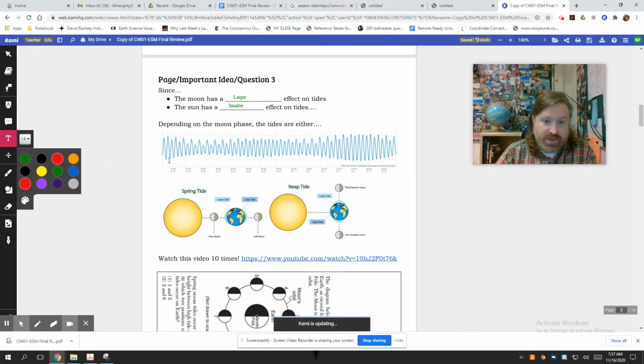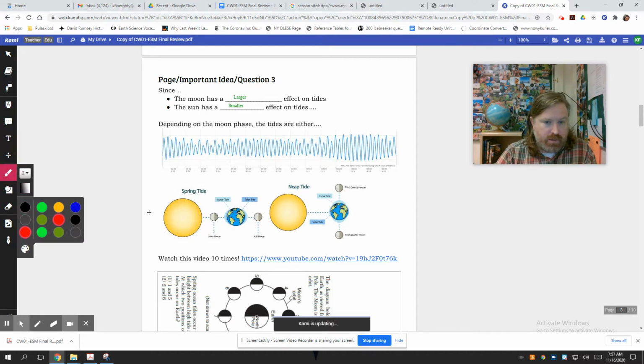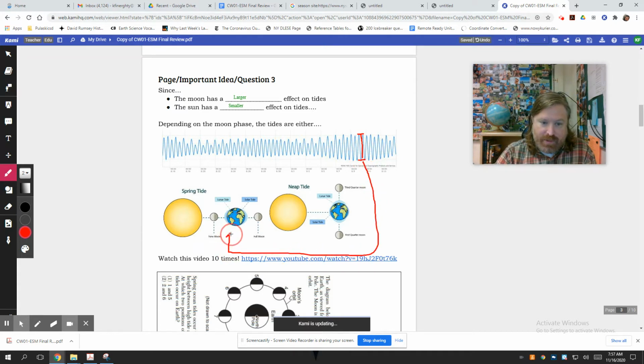So what you want to look for is this idea of range. Now this is exactly copied out of your lab, so if that was making sense to you back then you're in good shape. But this is like high highs down to low lows. That's a large range, and that's going to be what we have in spring tides right there.